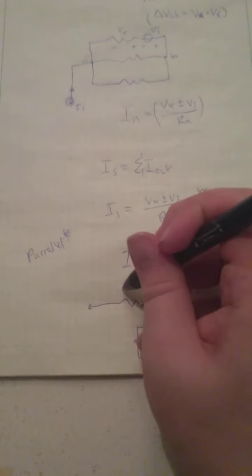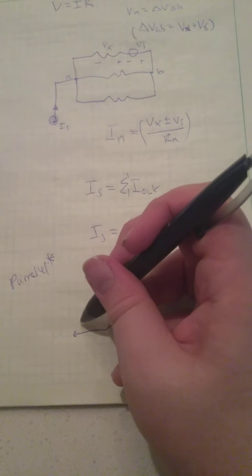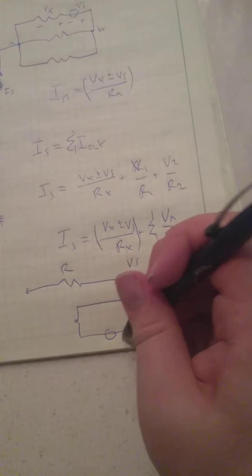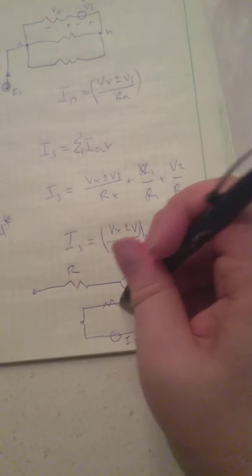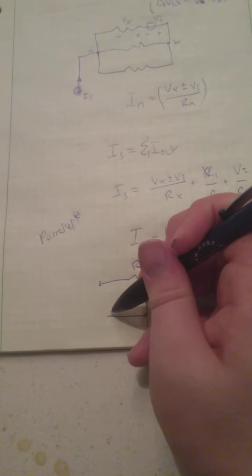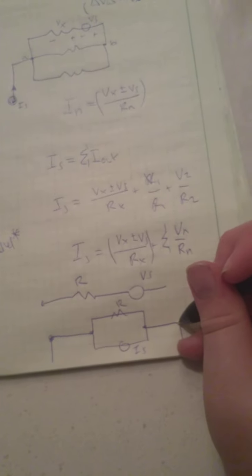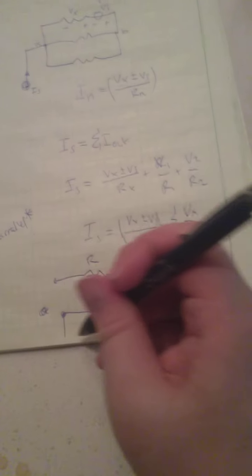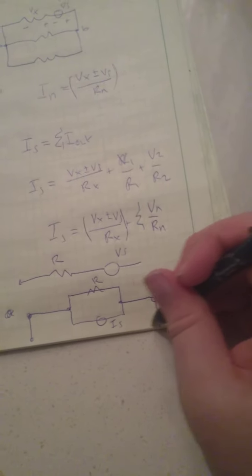So if we have Vs R in series, it translates into Is R in parallel. So this is the new piece that would be attached up here. So all of this would be attached, and AB would actually be here to here. There'd be another one in the middle.